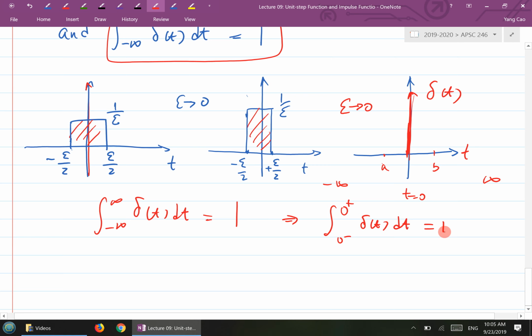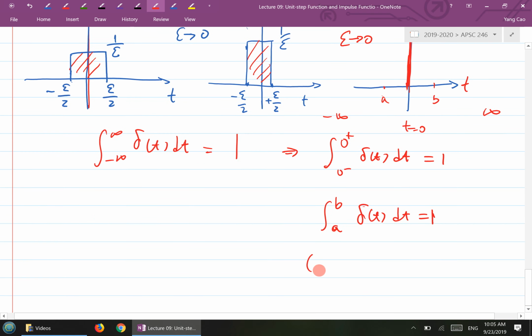And if you don't feel safe, you could also write a to b, where a to b contains t equal to 0. All of this should give you the same result of integration.